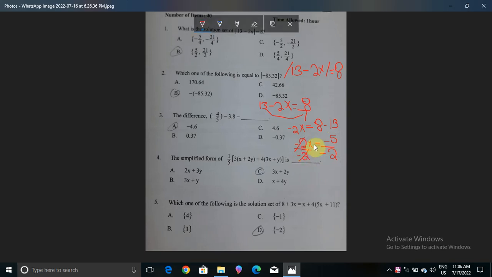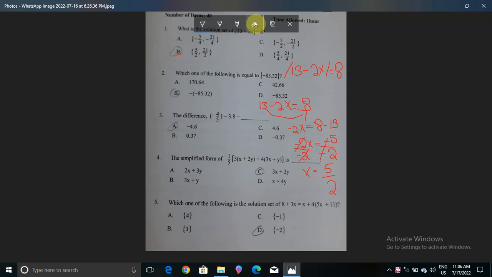Cancel negative 2 by negative 2, negative by negative, then you will have x is equal to 5 over 2, positive 5 over 2. And here, which of the following has 5 over 2? Here we have negative 5 over 4, no. Negative 5 over 2, no. 5 over 4, no. Positive 5 over 2, yes. So the correct answer for question number 1 is choice B.